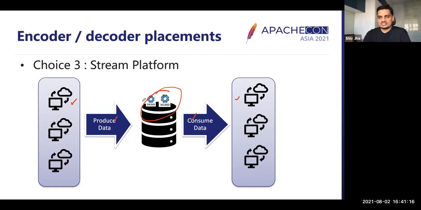Kafka and Pulsar, which are really the most adopted open source streaming platforms, both support encoder and decoder as part of their schema registry out of the box. All the constructs are there, and if you can use that abstraction, if it works for your use case, it's great. And in my opinion, it is something that has worked well for us.